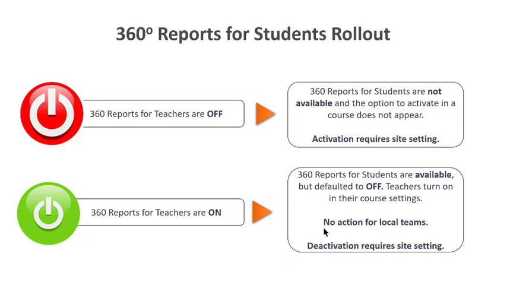If the 360 reports are turned on in the sysadmin settings, then the 360 reports are available to students, but they're defaulted off, which means teachers have to go into their course settings to be able to turn these on. So, recap: in sysadmin settings, if the 360 reports are off, then nobody can see it. If the 360 reports are turned on, then teachers still need to go into their course and turn those on for students.